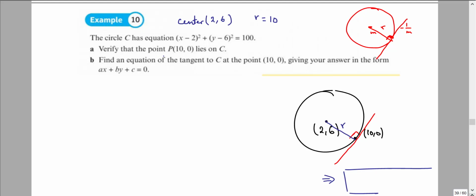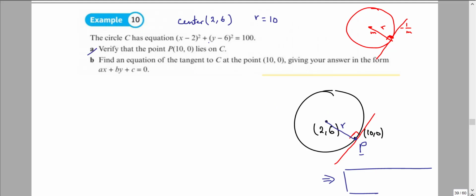They say verify that the point P (10, 0) lies on the circle. So I sketch it this way, and this is point P, 10 and 0. How would we verify the point lies on the circle?